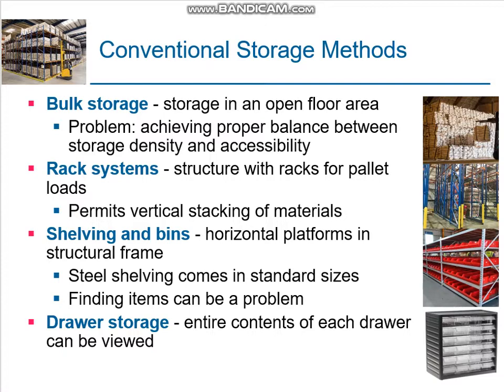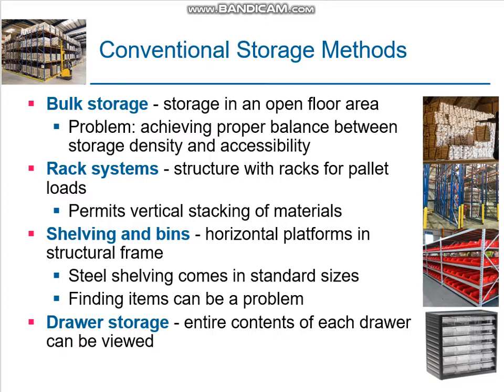The second one is the rack system, which uses a structure with racks for pallet loads, and this permits vertical stacking of material. The third method is by using shelving and bins, where horizontal platforms in a structural frame are used.